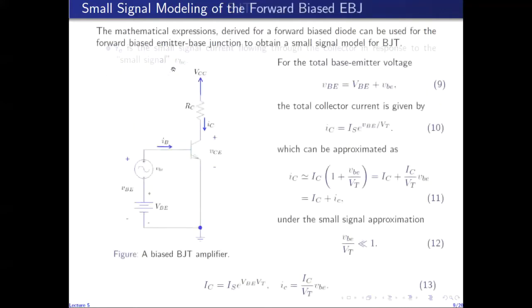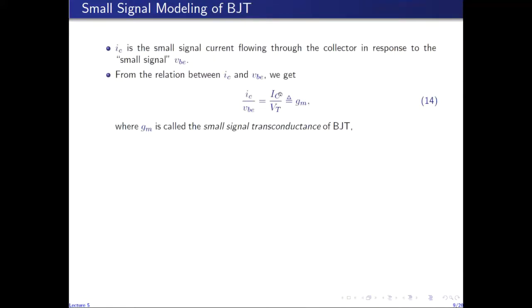So again, from this relation, if I find the ratio of IC to VBE, that ratio is IC over VT, and this is called the small signal transconductance of the BJT. It is called small signal because both these signals are small, or at least VBE is small, and this is the response to the small VBE.